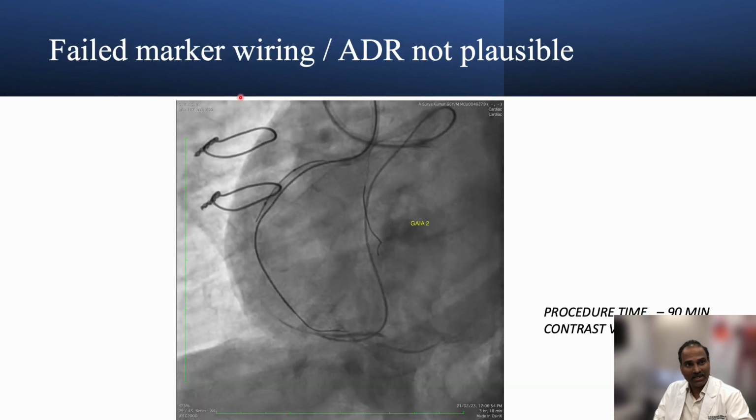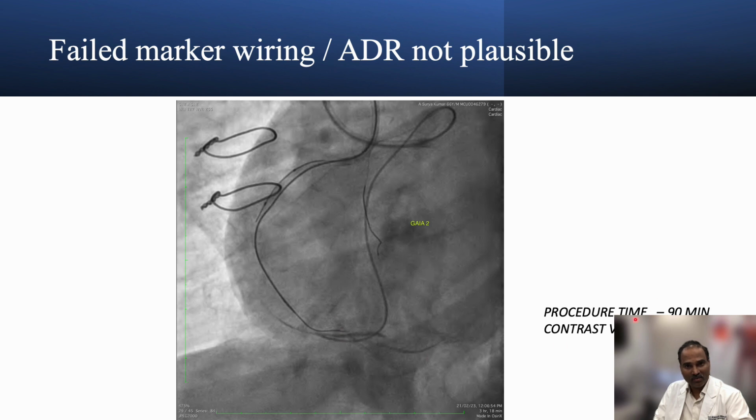And then we tried marker wiring, using antegrade as marker for retrograde wiring and retrograde as marker for antegrade wiring, but it was not successful. You can see this antegrade wire went into the subintima, and there is a clear distance from the true lumen, almost more than 1 mm. Since the distance from the lumen is more than 1 mm, it's not a good situation to attempt ADR in this patient.